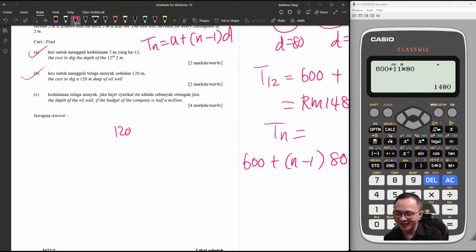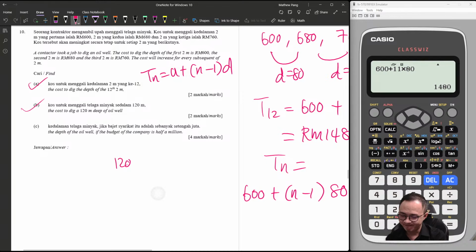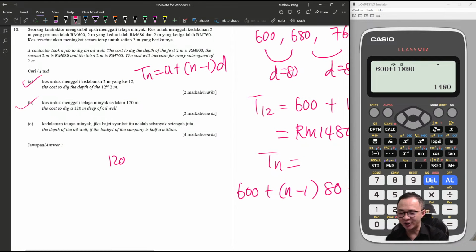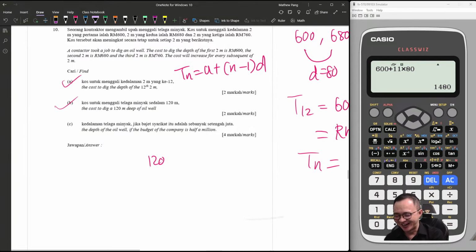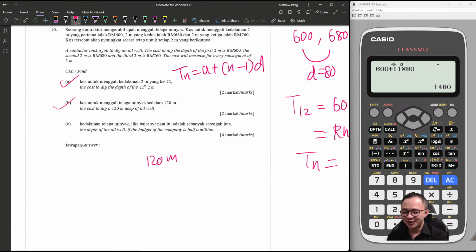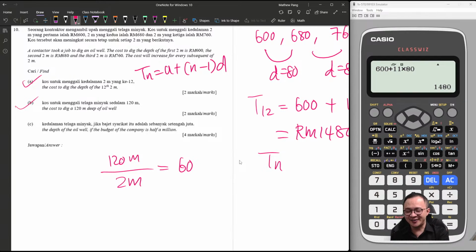Every 2 meter, okay, no. I totally misunderstand. This is meter. So I want to divide by 2 meter, then I want to find the n term. So if I divide by 2, this one is 60, right? We have 60 of 2 meter. So this one should be T60.